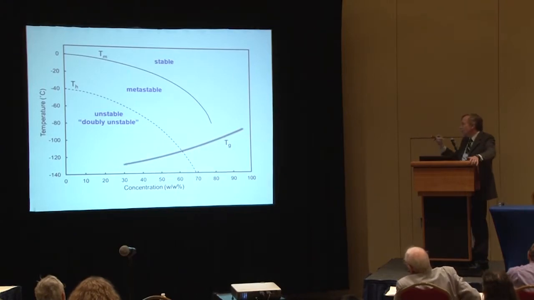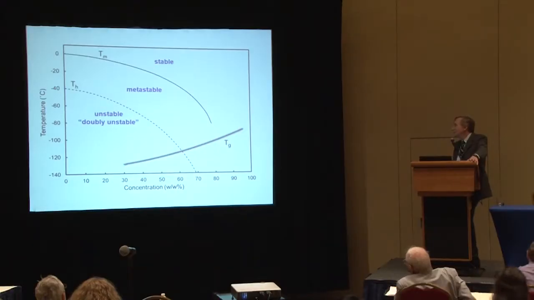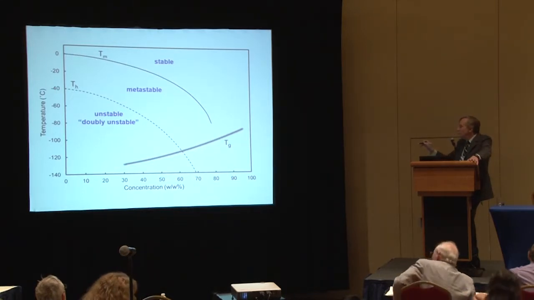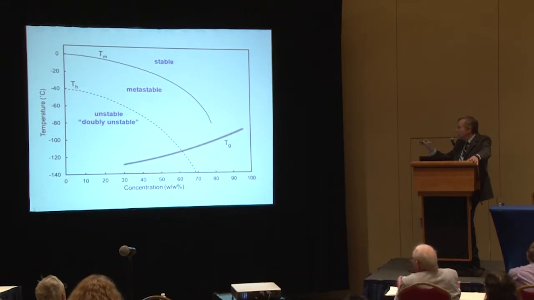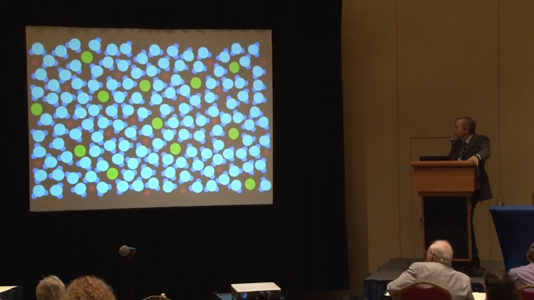And doubly unstable is not a pejorative term invented by cryobiologists to dissuade you from trying to vitrify in this region. It simply refers to the fact that this zone is unstable against both ice nucleation and ice growth. But for simplicity, I'm just going to call this the unstable zone. And that's where homogeneous nucleation occurs.